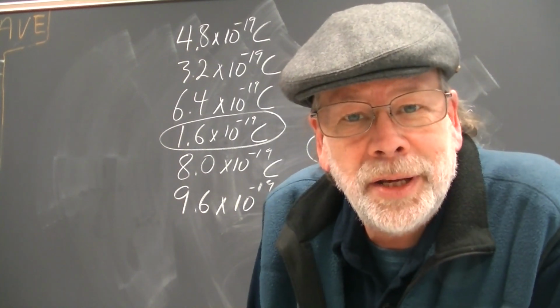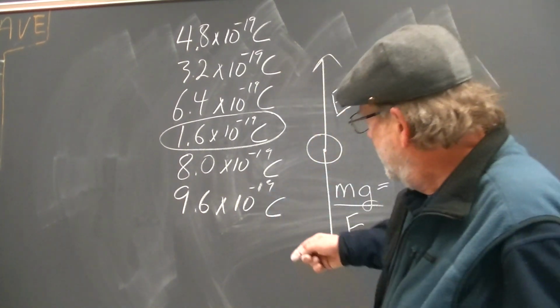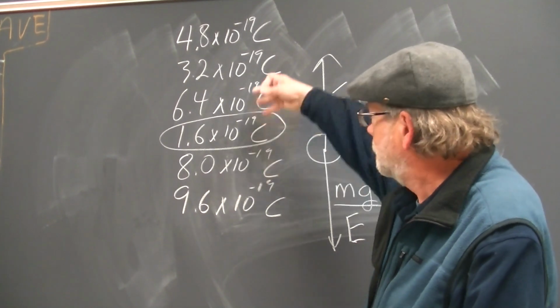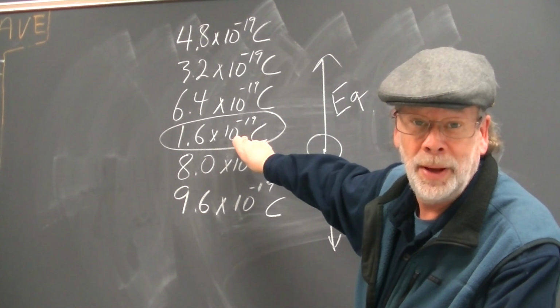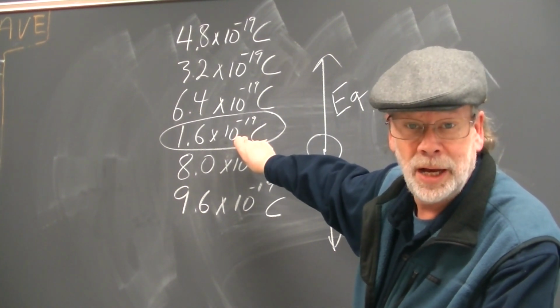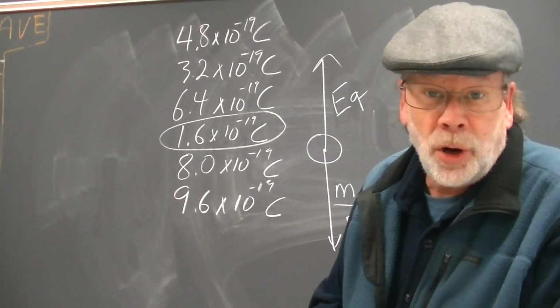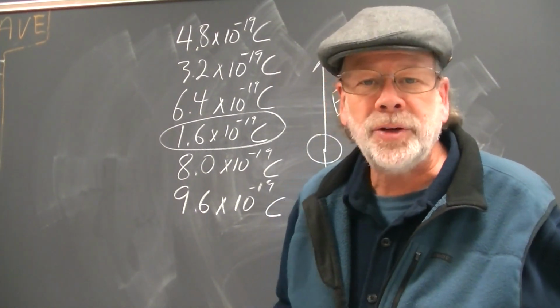So what's the charge on a single electron? If it's multiples of this, that must be because the oil drop had multiple electrons on it. The smallest possible charge was when it had a single electron on it.